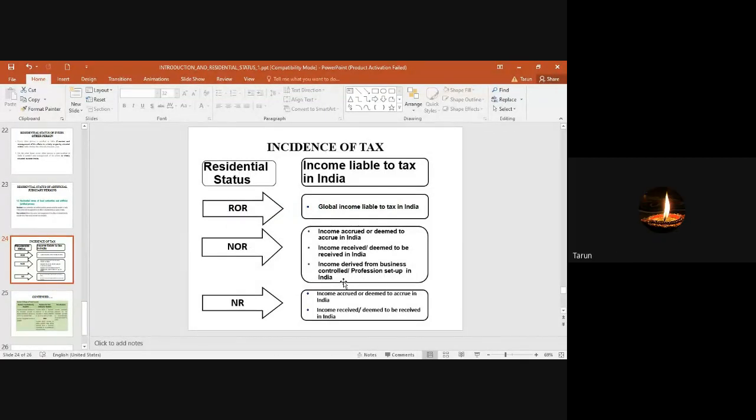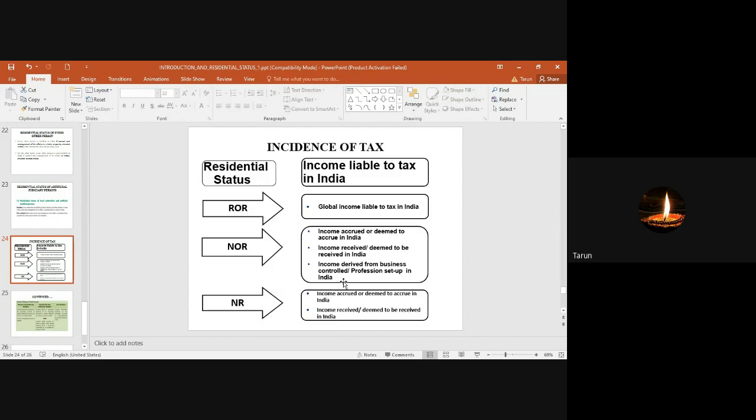Let's consider the other part, incidence of tax. The residential status is categorized into ROR, that is resident and ordinary resident, NOR, not ordinary resident, and NR, a non-resident. Income liable to tax means whatever income they have earned and received is taxable in India.